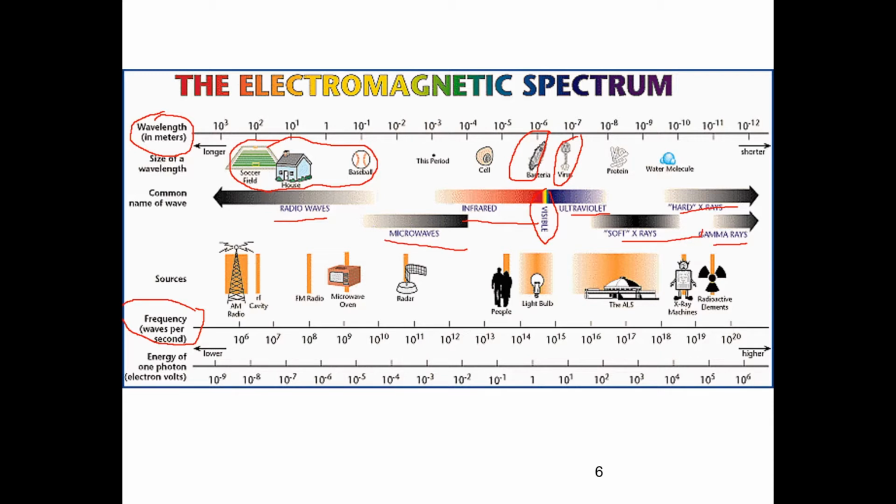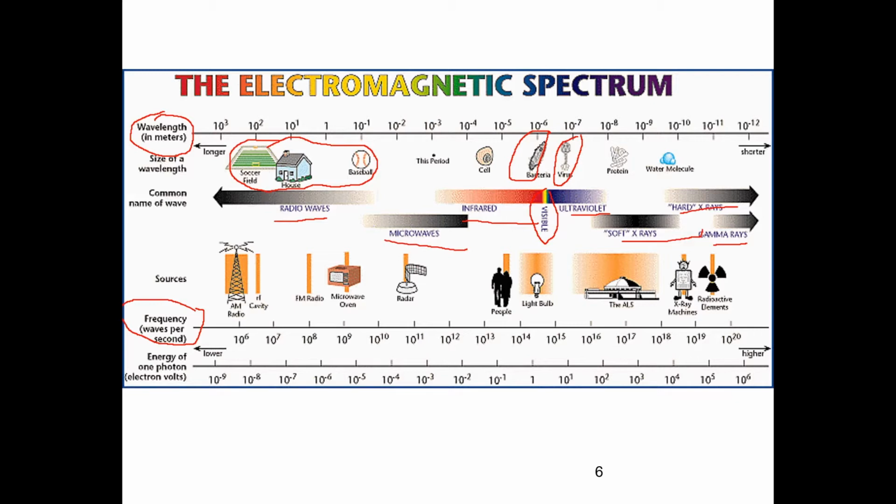Energy is also following that same direction as frequency. It's getting higher. So it's 10 to the minus 9 to begin with, 10 to the minus 8. We get to 1. These are, by the way, electron volts, which is the unit of energy. 1 is about light, and then it increases up and up and gets higher.